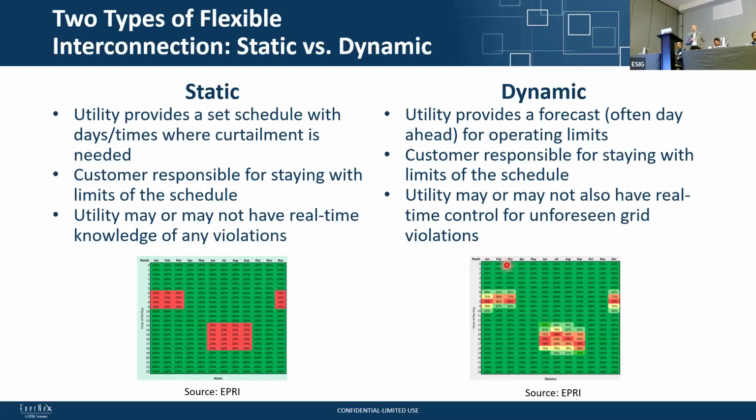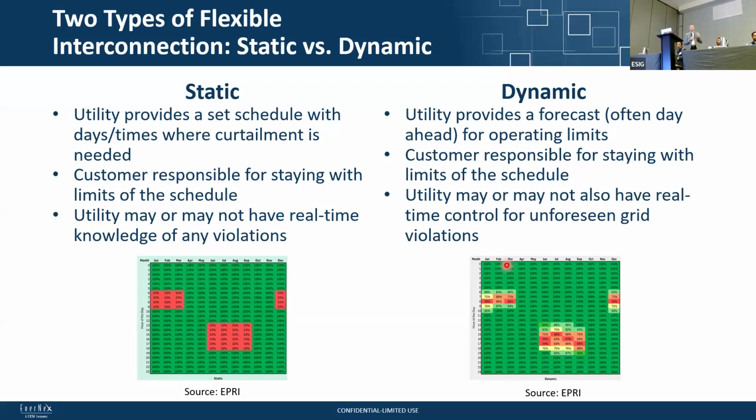Here's a key distinction that I think sometimes we gloss over when we're talking about flexible interconnection: static versus dynamic. Static, and this is going to touch on a lot of what Mark is going to talk about in his case study, means you run your system analysis, your modeling and simulation, and then the utility provides a set schedule.